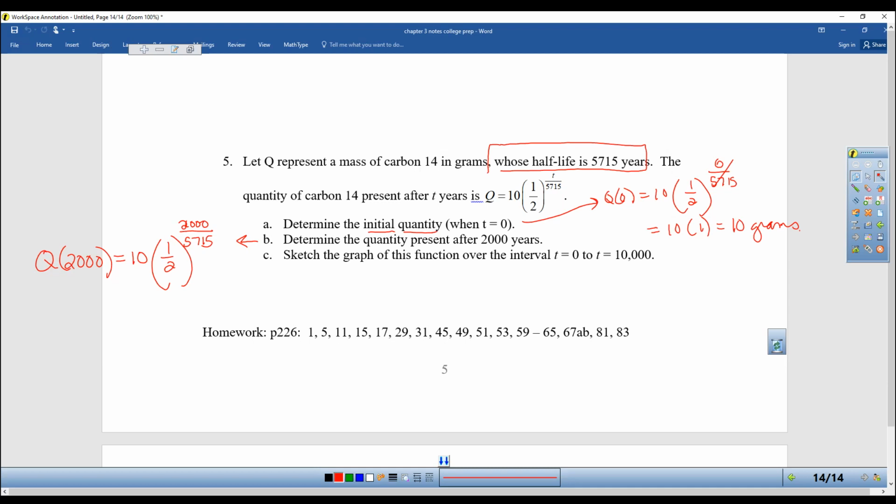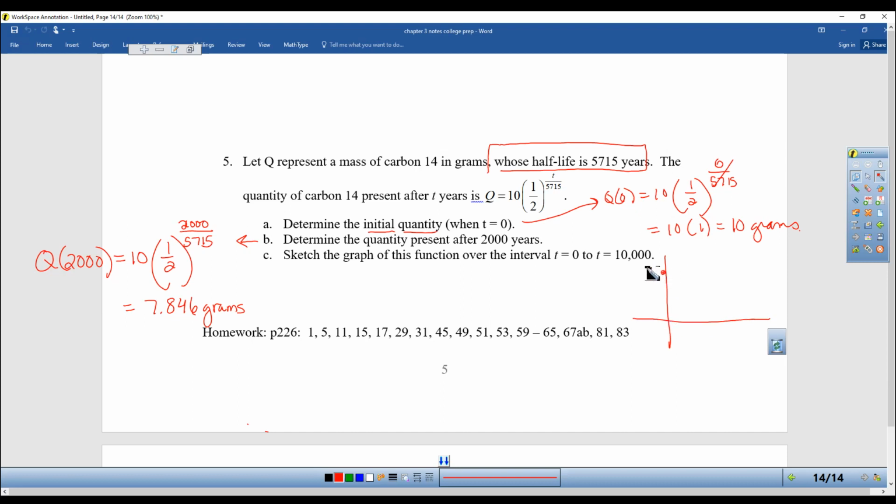I've already done this math here. That comes out to 7.846 grams, which is what I said. I knew it wouldn't be all the way down to 5 because it takes over 5,000 years to get down to 5. And then sketch the graph.